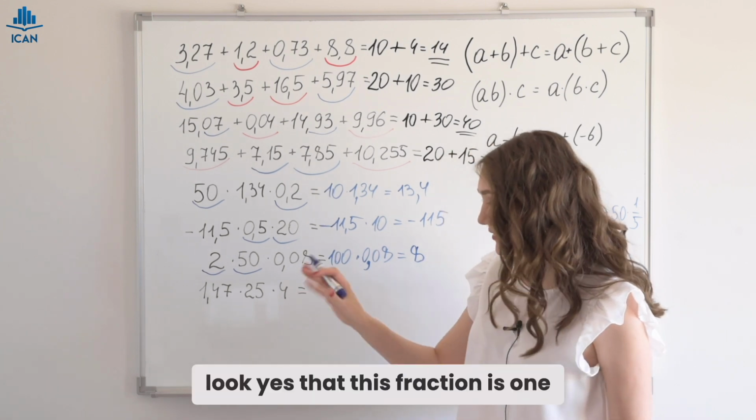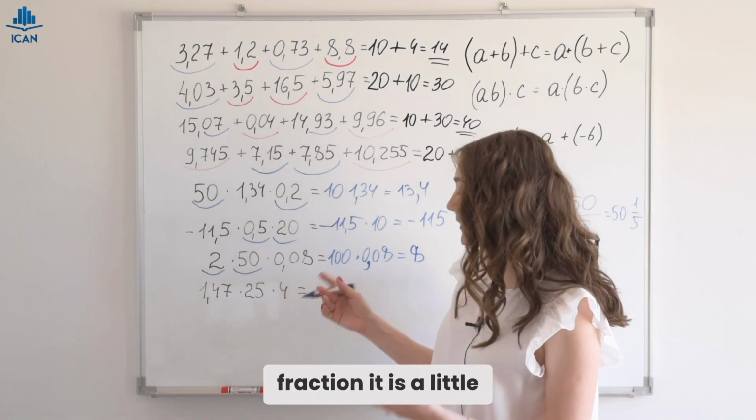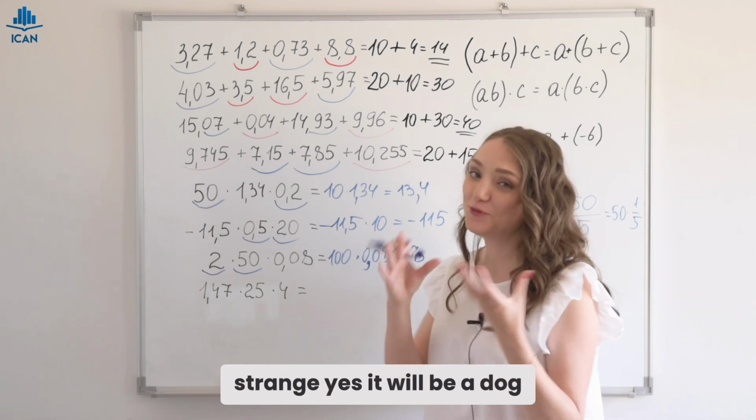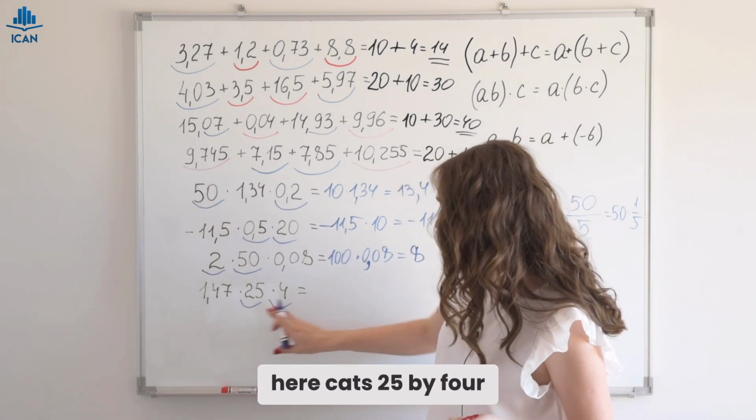Well, you look, that this fraction is 100. This is the decimal fraction. It is a little strange. It will be a dog and a cat. We will have here cats, 25 by 4.